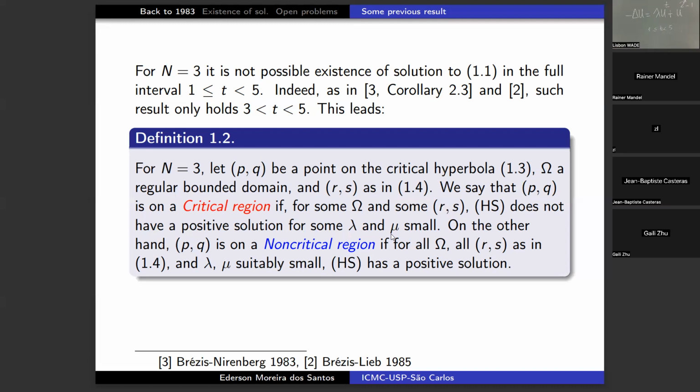paper. This is a paper of Brezis-Lieb from 1985, where they proved some, they call Sobolev embeddings with some remainders. And what they do is that the existence of a solution holds only for t greater than 3 and less than 5.